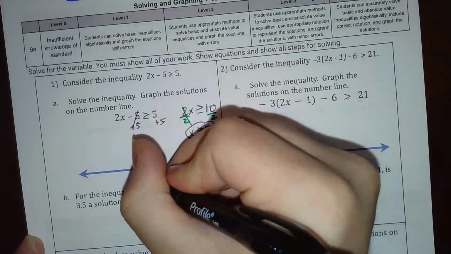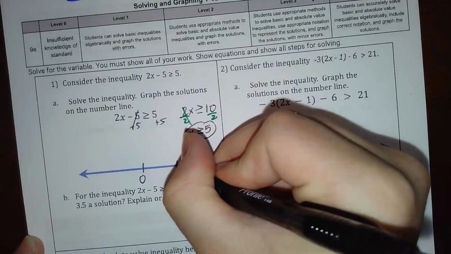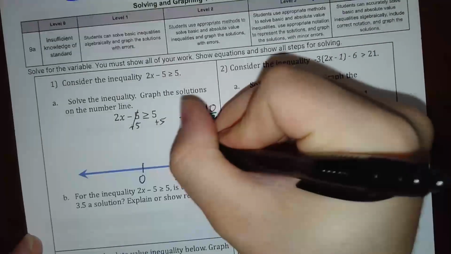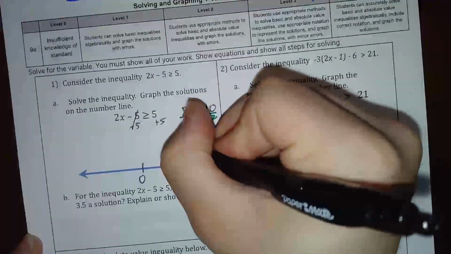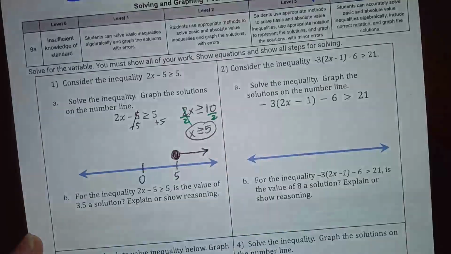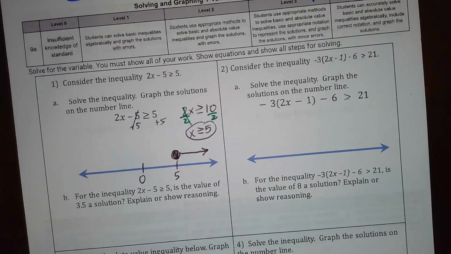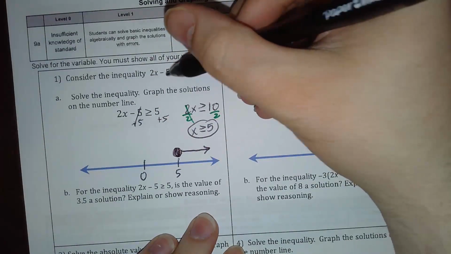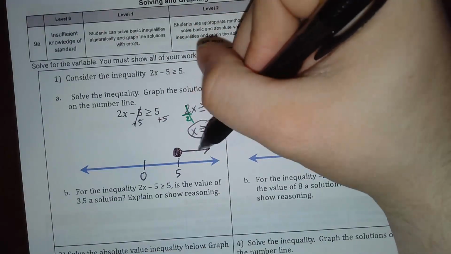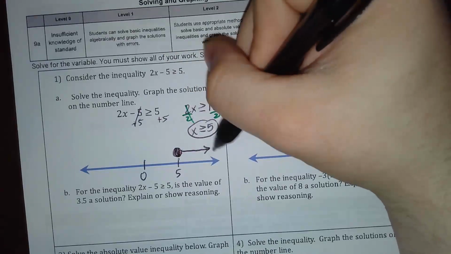So I'm going to go ahead and put this on a number line. Here's the number 5 on a number line. It's going to be a closed dot, and it's going to be greater. Remember, you can always substitute numbers into your equation to decide if it's greater than or less than. For example, is 1,000 a solution?